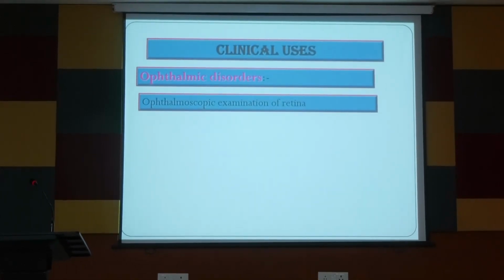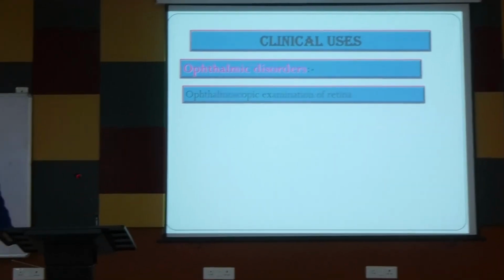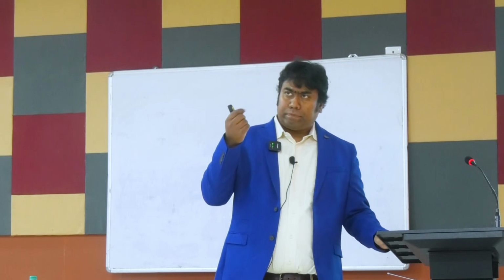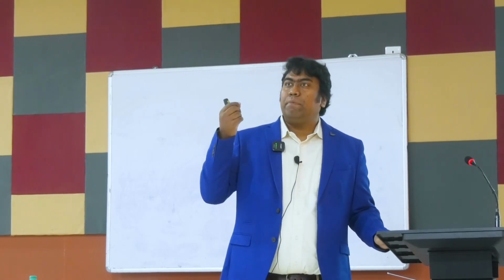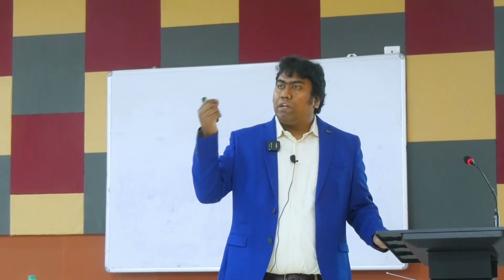Next is ophthalmic disorders. In ophthalmic examination of the retina, dilatation of the pupil and cycloplegia are required, especially in children. Atropine is preferred in children. Why? Over other anticholinergics, because their cholinergic system is difficult to counteract with drugs other than atropine.